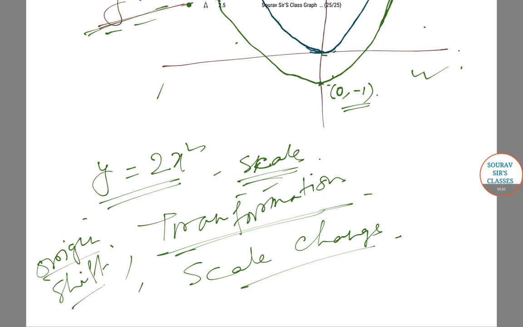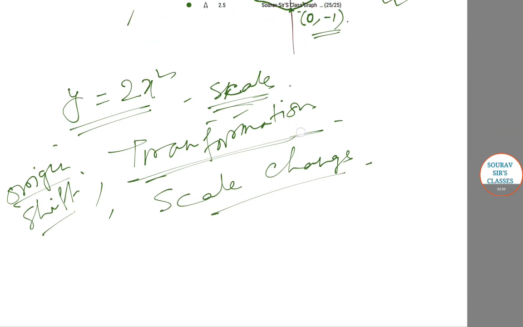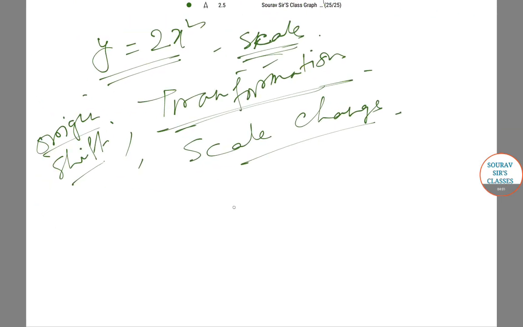The first one is the origin shift type example, and the second one is scale change. When it is scale change, we first draw the x squared graph, then it will be k x squared.